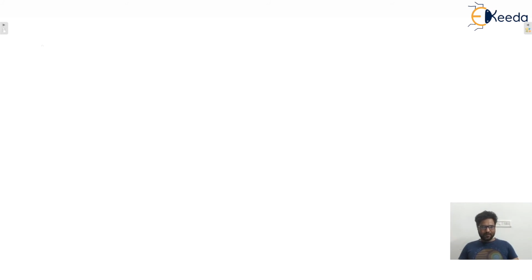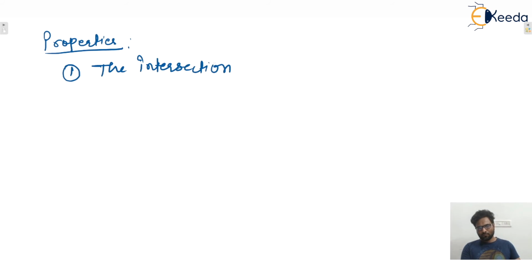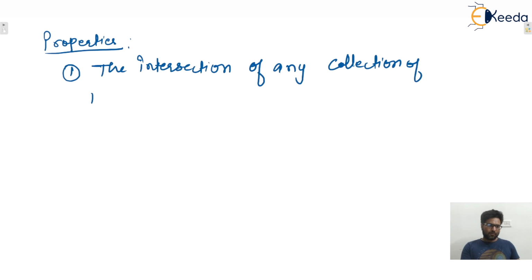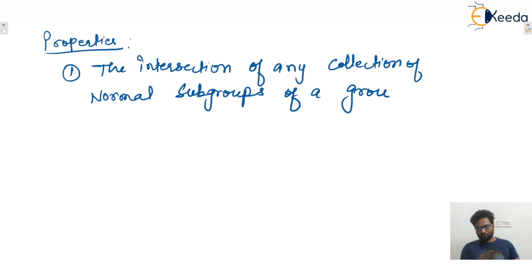Similarly, the properties. First one, the intersection of any collection of normal subgroups of a group is a normal subgroup.